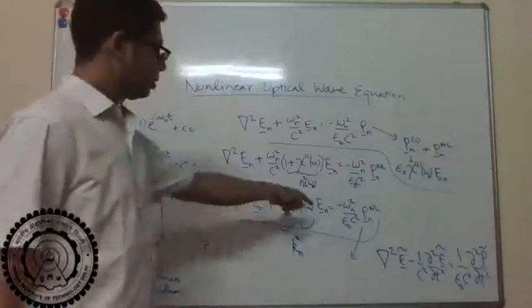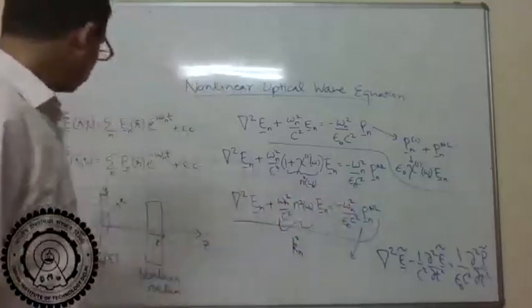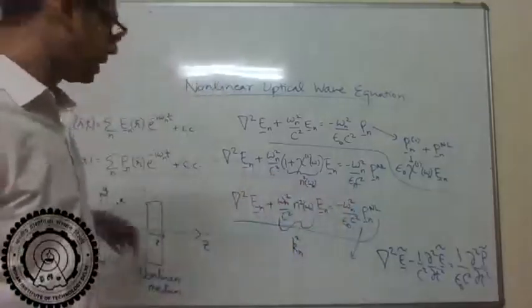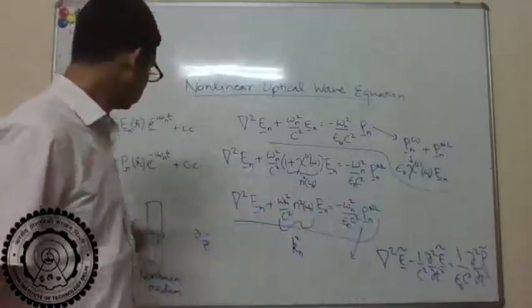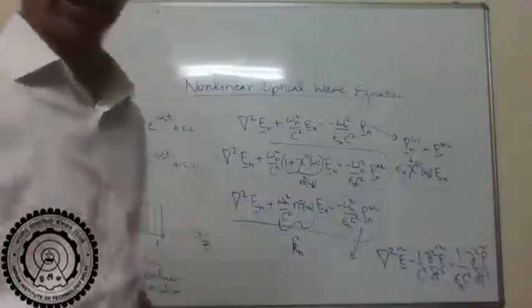But we'll see that because of this nonlinear polarization, fields can now interact with each other and exchange energy, right? So the amplitude will now depend on the propagation coordinate.